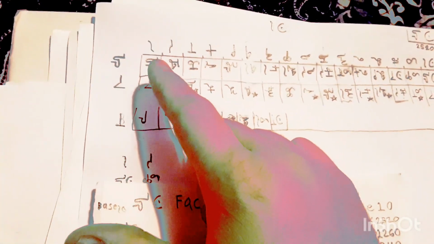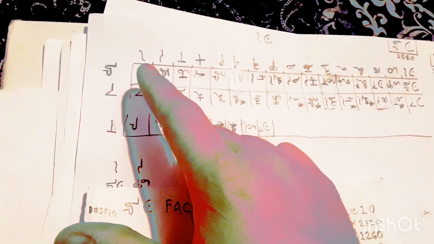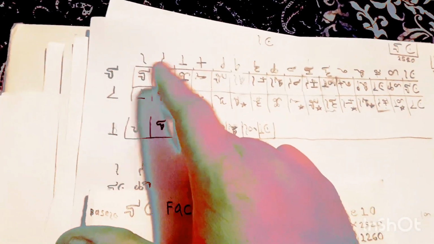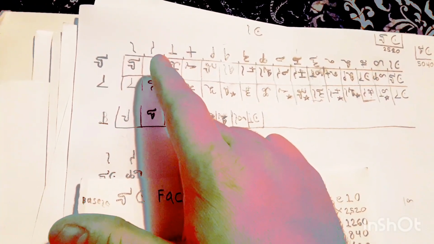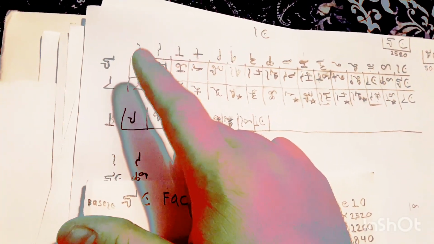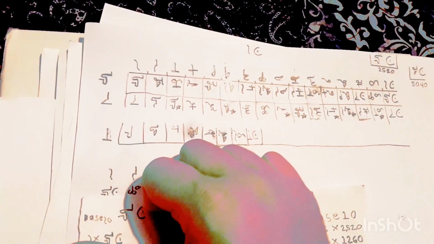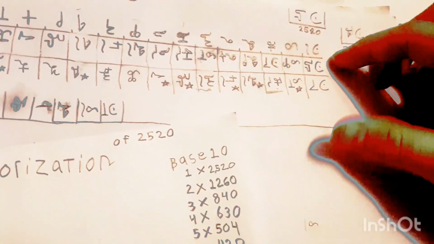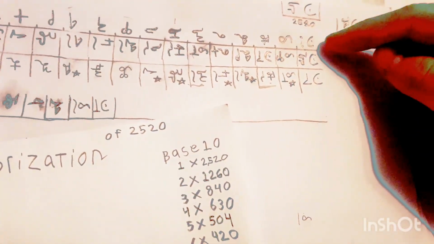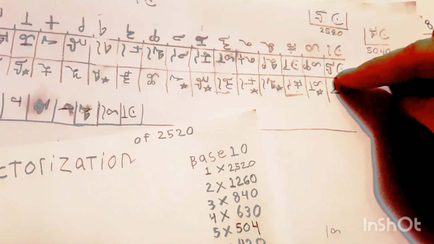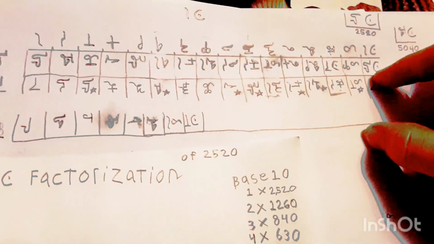Well, you already know that 120 divided by 1 is 120, and 120 divided by 120 is 1. So you got 120 here, because it goes into that 120 times.